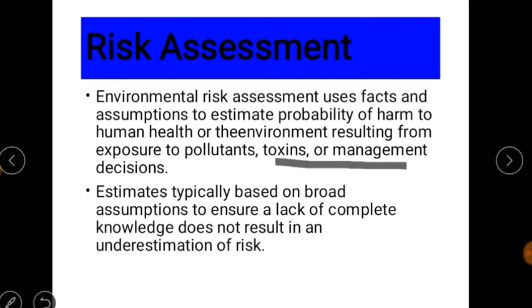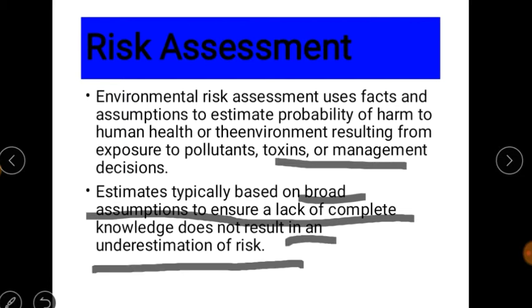Estimates are typically based on broad assumptions to ensure that a lack of complete knowledge does not result in an underestimation of risk. We cannot underestimate the risk just because we don't have proper knowledge about that pollution, or pollutants or toxins.